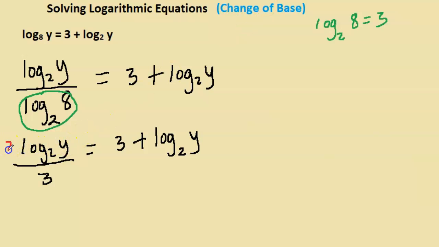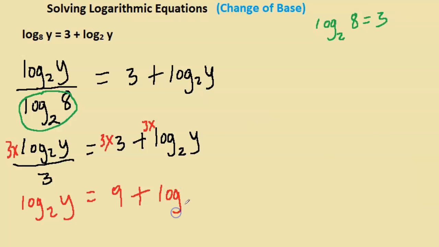So 3 times this value, 3 times this value, and 3 times this value, right? So we end up with log y base 2, 3 times 3, that's 9, plus, what is this now? 3 times the 3 we can move here, so that's log y to the power of 3.